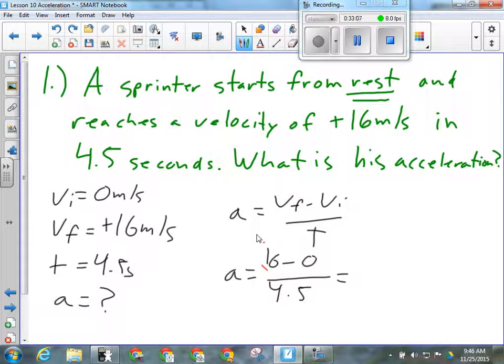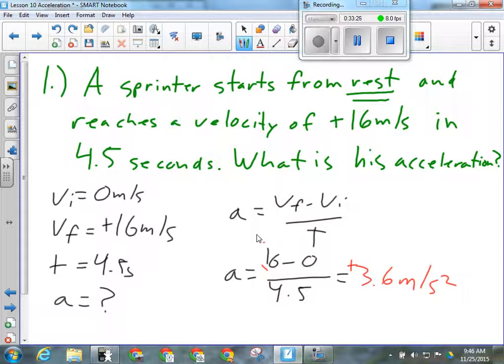So you've got to make sure that you circumvent what your calculator is going to do. Make sure that you enclose that in brackets first. All right, so what do we get there? 3.6 meters per second squared, positive, indicating it's speeding up. Everyone all right with that one?